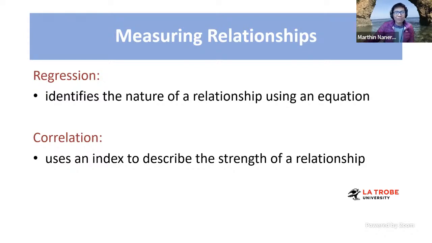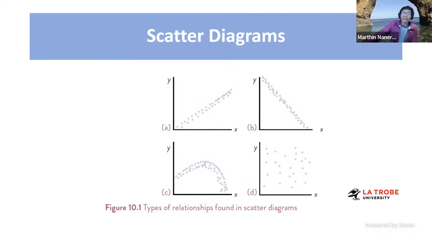Before you undertake the correlation or regression analysis, it's good to have a scatter diagram. In this case, for regression, y is your dependent variable and x is your independent variable.